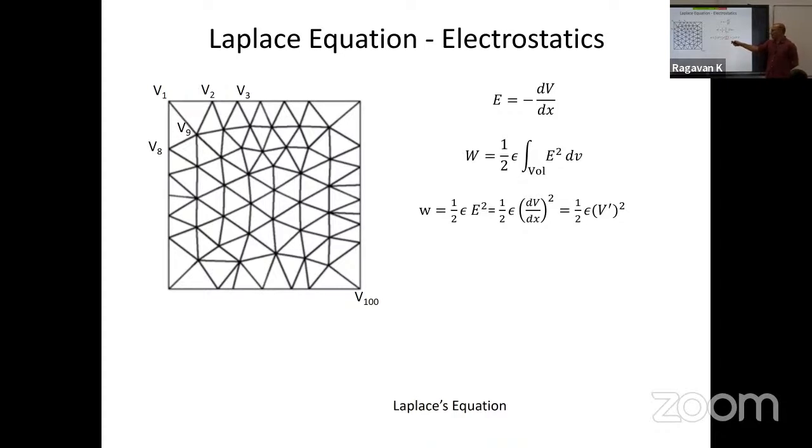Yeah. So this E, I'm replacing with dV by dx. As per the earlier notation, I'll make this dV by dx as V dash. So this is the energy density function.